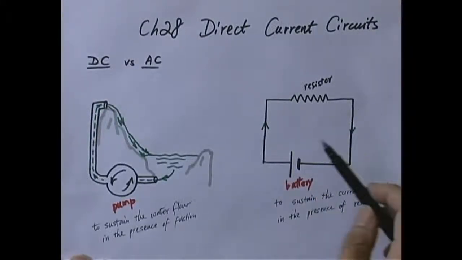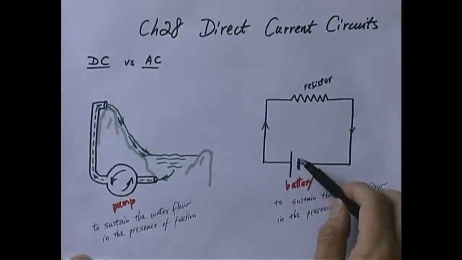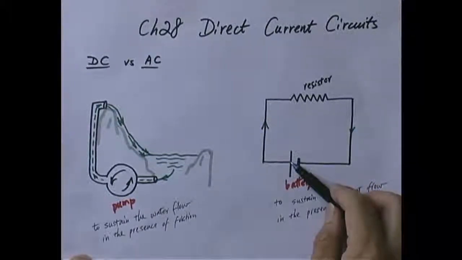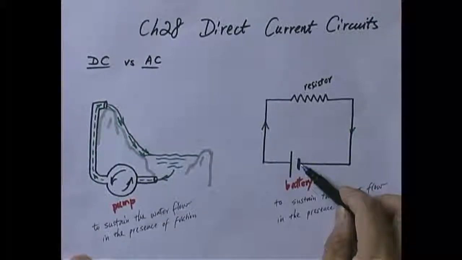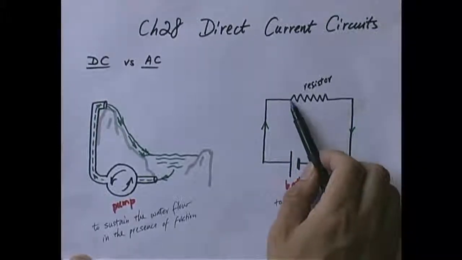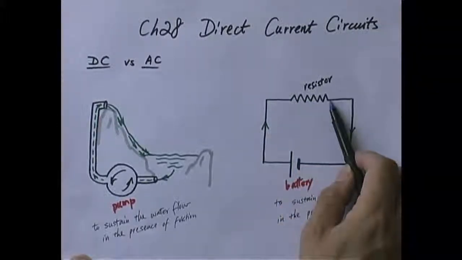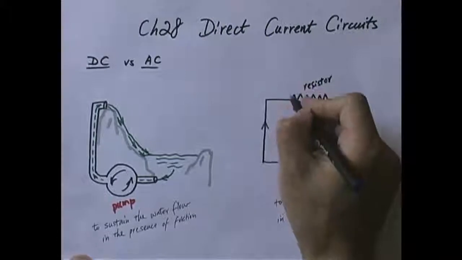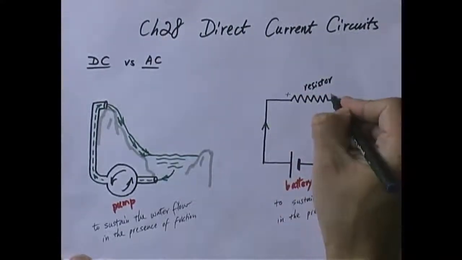So what happens is that electrical current flows from the positive terminal of the battery, where the potential is higher, to the negative terminal of the battery, where the potential energy is lower. So the current flows like that. Imagine positive charges flowing from here to there. So you have a higher potential here, a lower potential there.